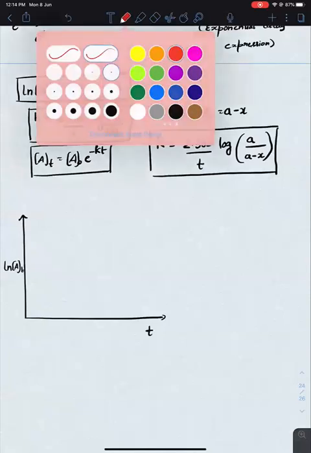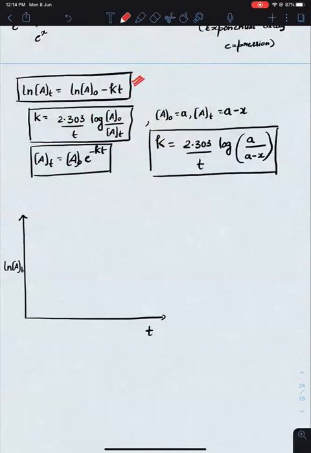Observe this expression. What will be the slope of that particular graph? Is it a negative value or a positive value? Negative. It is equal to minus k.